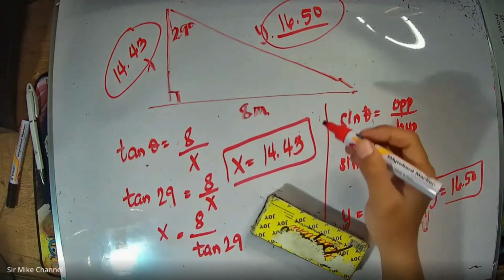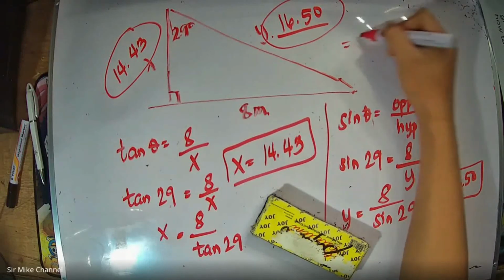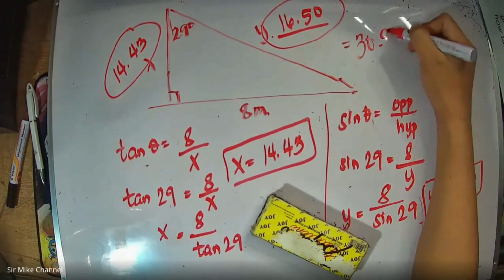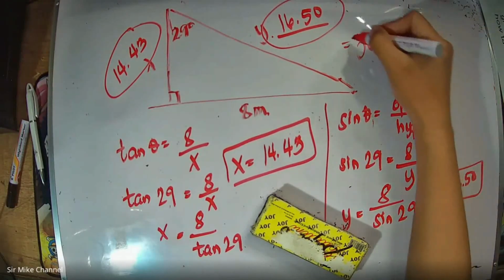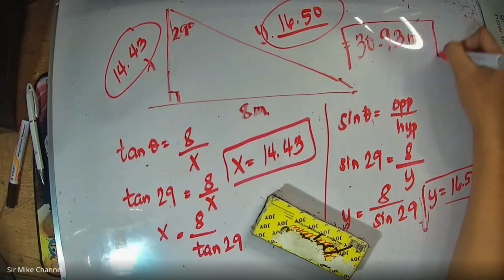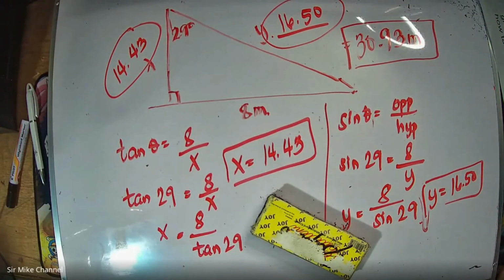So meron tayong 30.93. Okay, so 30.93 meters, ito yung measurement ng post bago siya mabali. Okay, so ganun lang pag-solve natin ng equation. So solving problems involving trigonometric ratio.